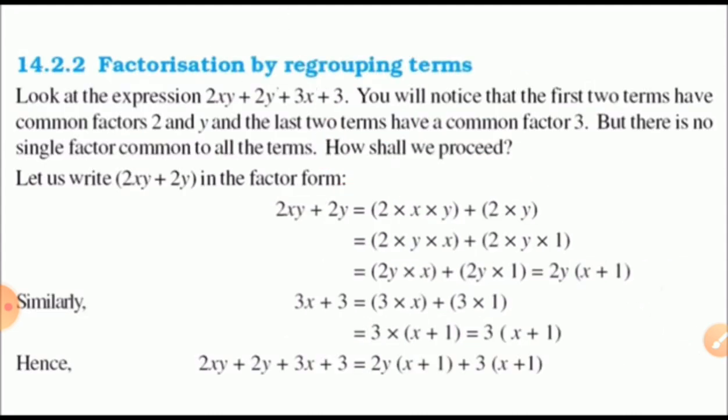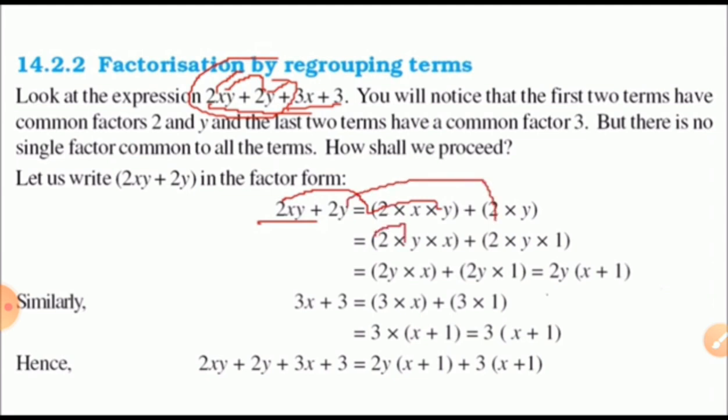Factorization by regrouping terms. Look at the expression 2xy plus 2y plus 3x plus 3. You will notice that the first two terms have common factor 2 and y, and the last two terms have a common factor 3. Now arranging them, regrouping.